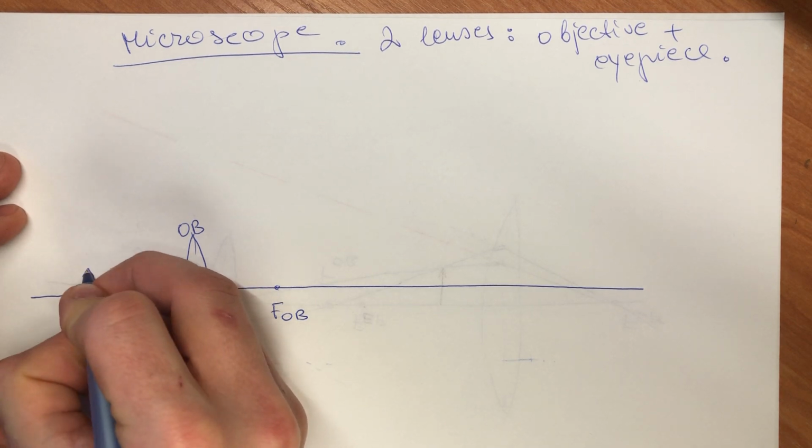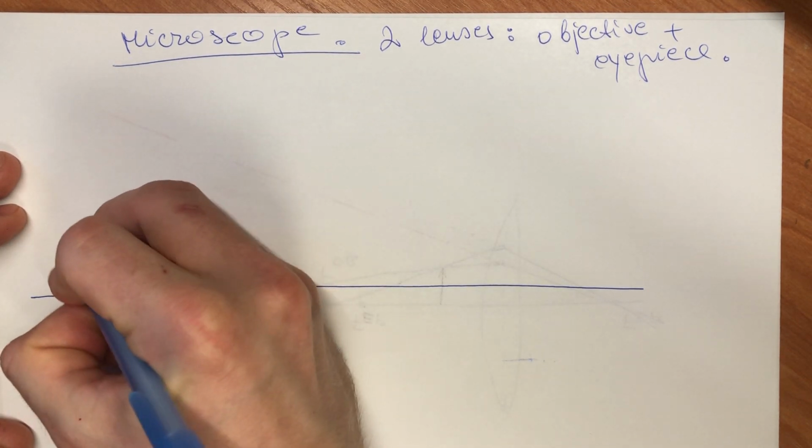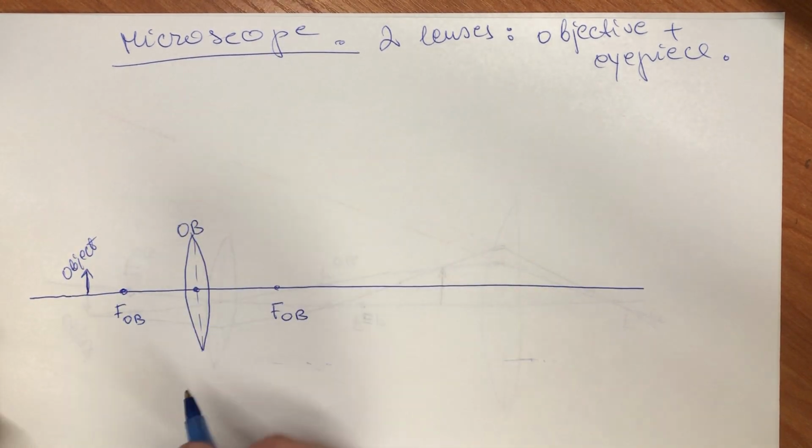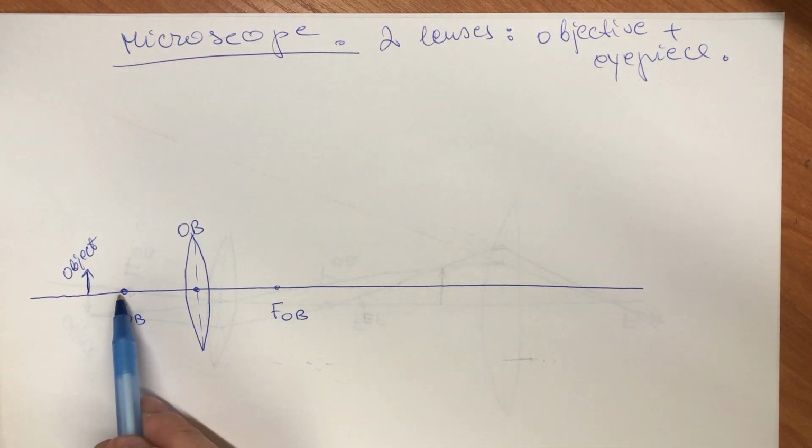The microscope is constructed in such a way that we put our object a bit further than the focal point of the objective.